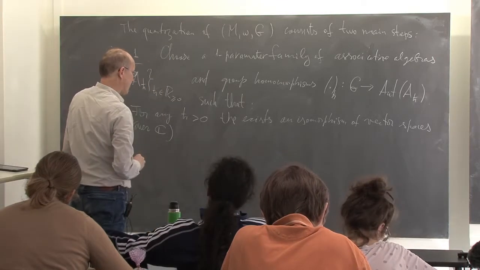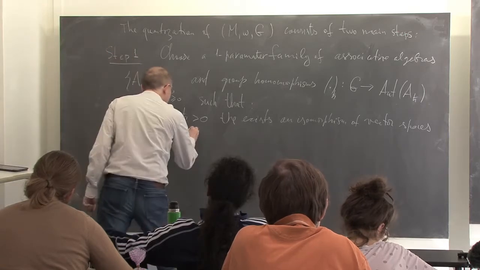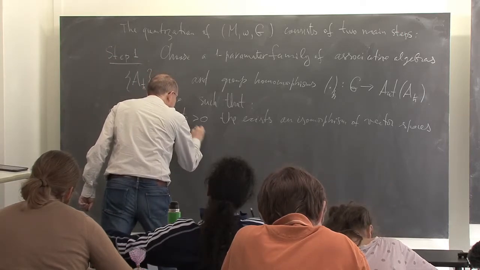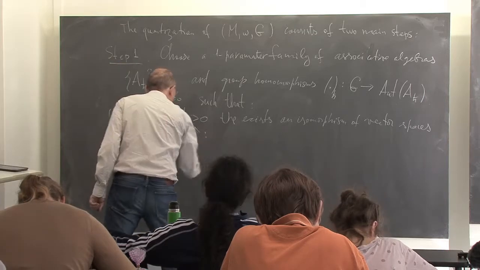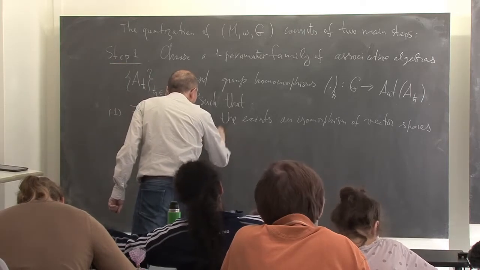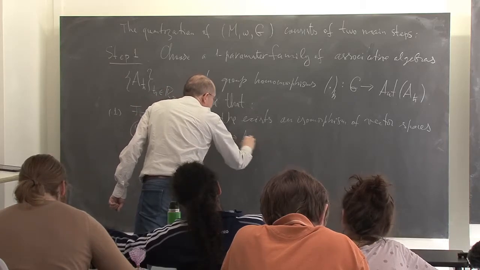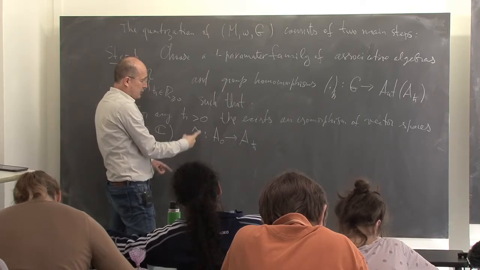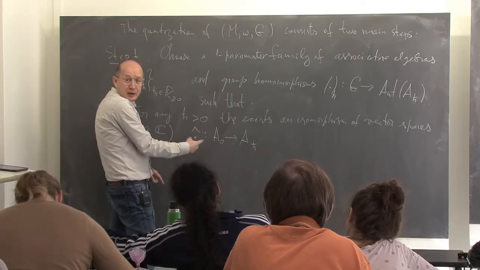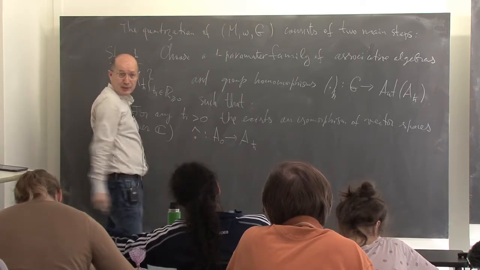There exists an isomorphism of vector spaces, denoted by hat, which goes from A0 to A sub h bar. In principle, this hat should carry also the index h bar, but I suppress it.